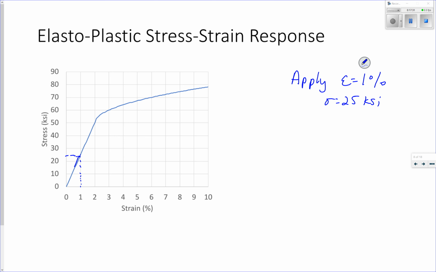I take off my loading, go back down to 0 because I'm still in my linear elastic range. Now I'm going to apply a loading that results in a strain of 2%. Right here on the cusp of linear elastic and plastic, but I'm still elastic, and that results in a stress of 50 KSI.